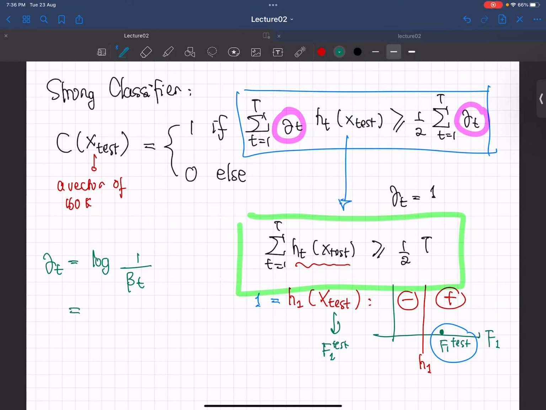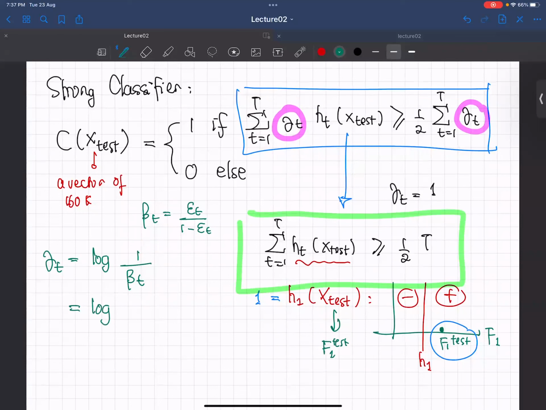If you use the beta t definition of epsilon t over 1 minus epsilon t, for example, then you can derive that it is log of 1 minus epsilon t over epsilon t. I can write it in that way, which means log of 1 over epsilon t minus 1.